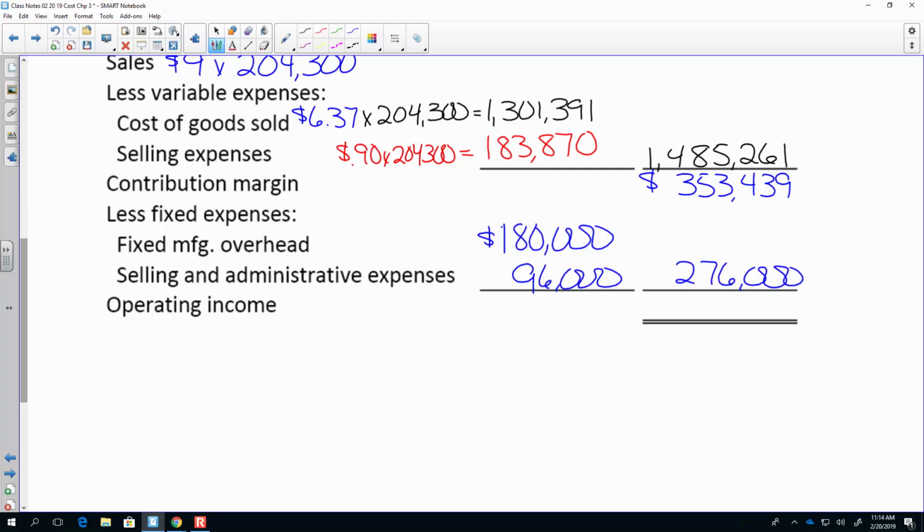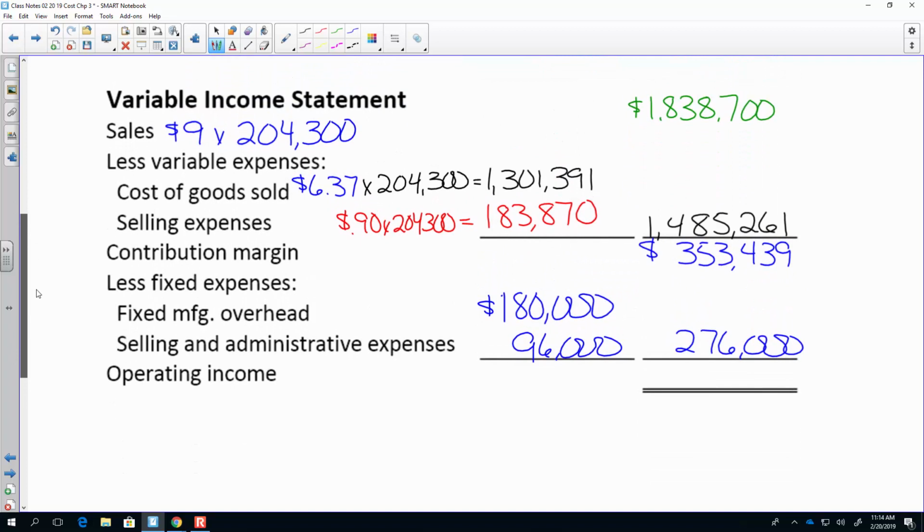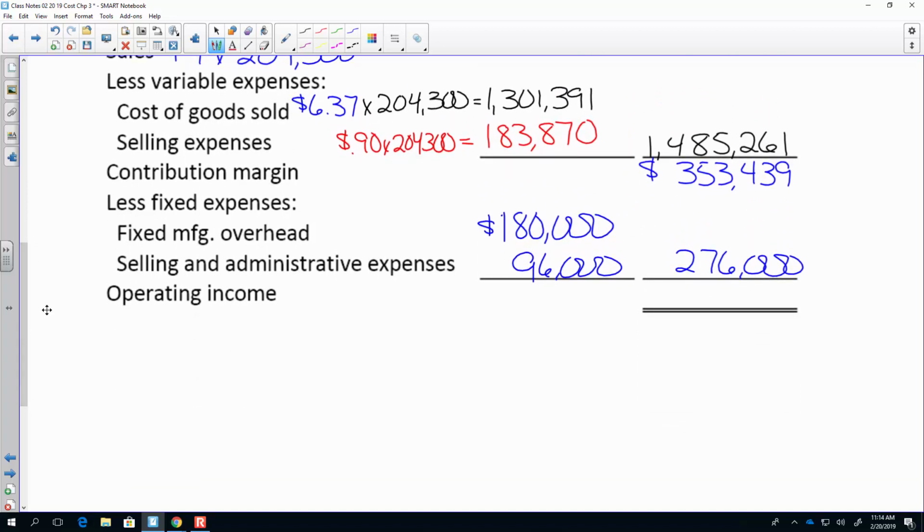I hope my variable income is higher than our absorption. We had 73 under absorption. What do we have under variable? 77,439.